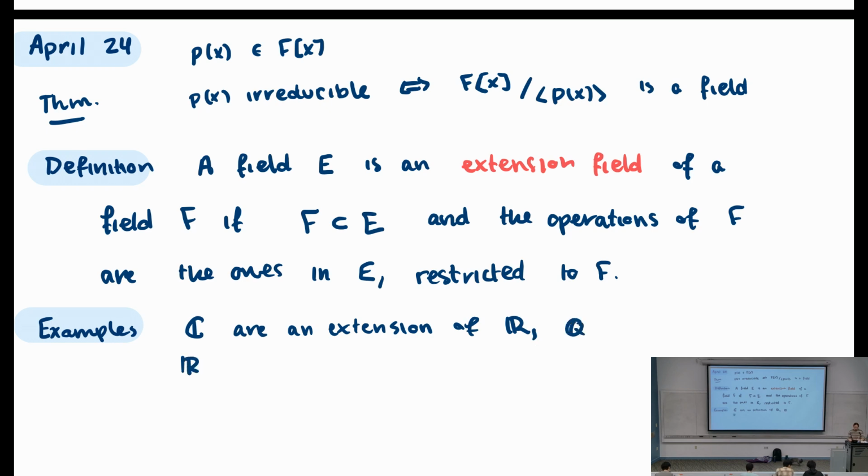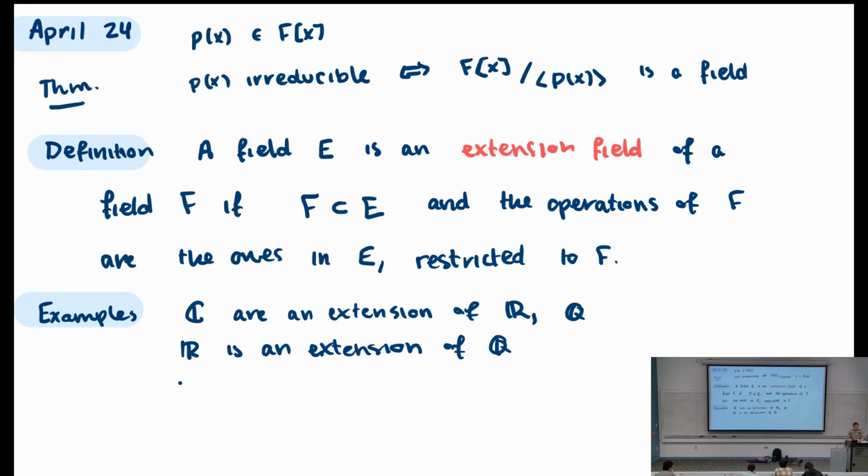R is an extension of the rational numbers. And then an example from the exercises. This field, so we know this is a field from the theorem from last time, is an extension of the field Z mod 2.